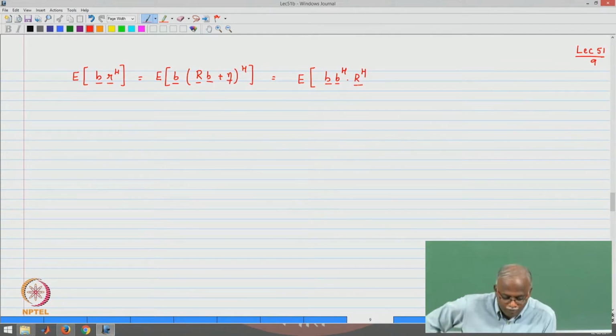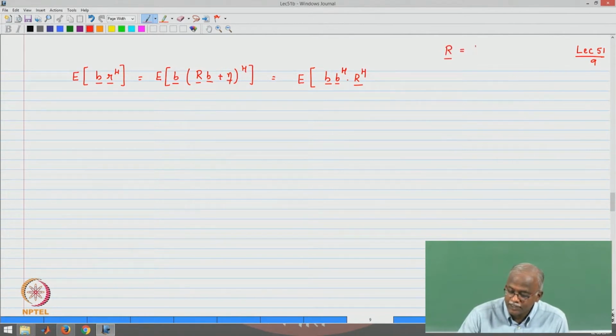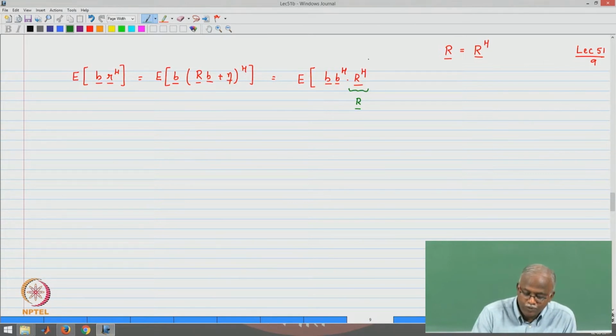But we know from the property of the correlation matrix that R is equal to R Hermitian. So, we could equivalently write this as R instead of R Hermitian. Now, the second term in this expression would be expected value of B times eta Hermitian.